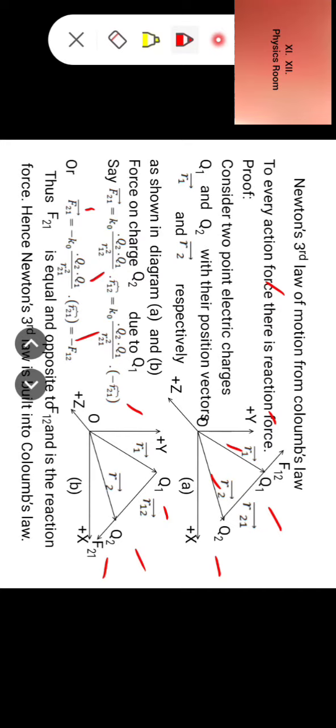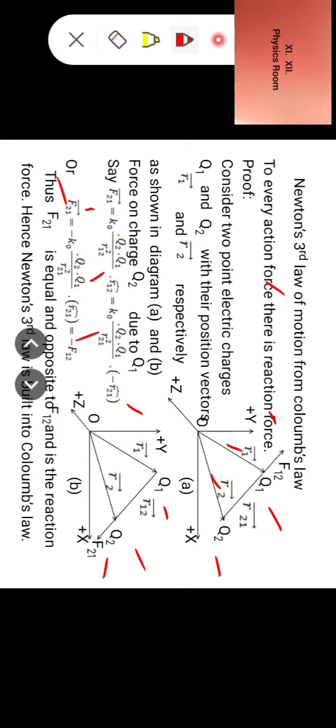When we add minus, the suffix changes because the direction becomes opposite. Or we can write F21 equal to K naught Q2 Q1 divided by R12 square into R21.